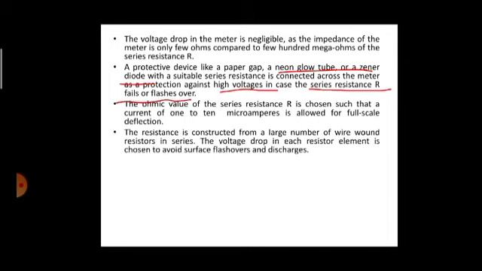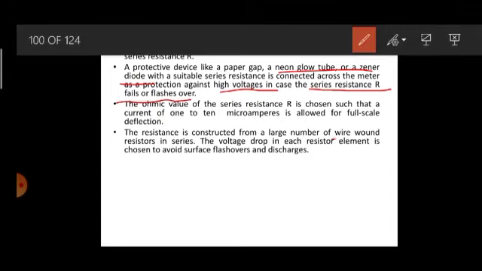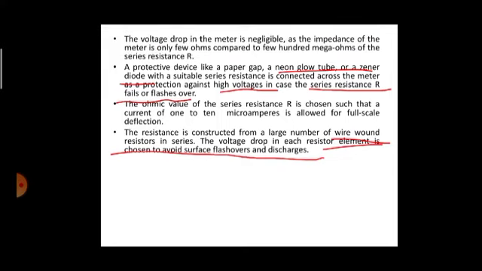Okay, the construction of the resistor I am talking about, the high resistance of megaohms. The resistance is constructed from a large number of wire wound resistors in series. So the voltage drop in each resistor element is chosen to avoid surface flashovers and discharges, right?